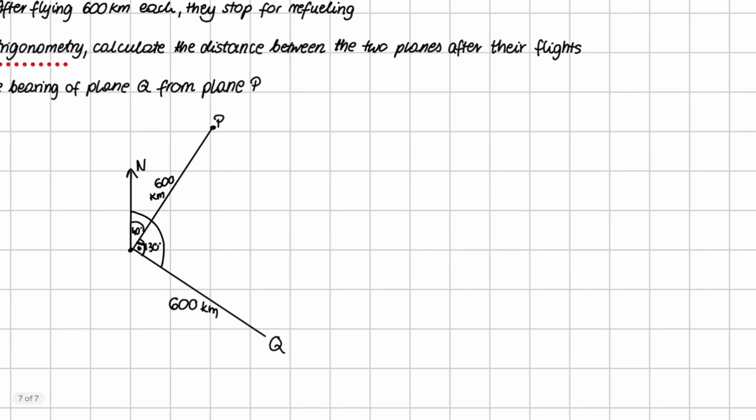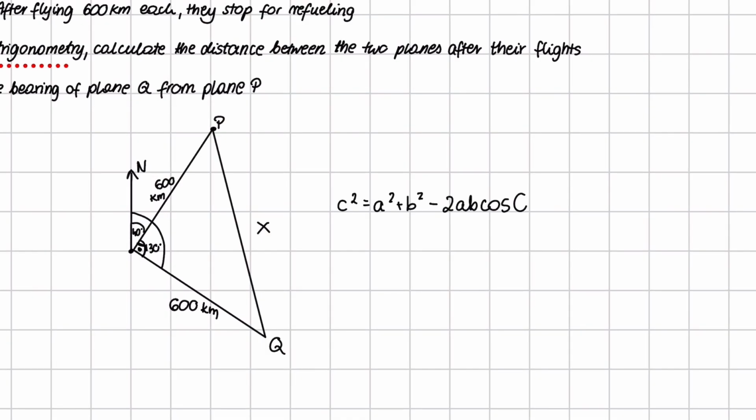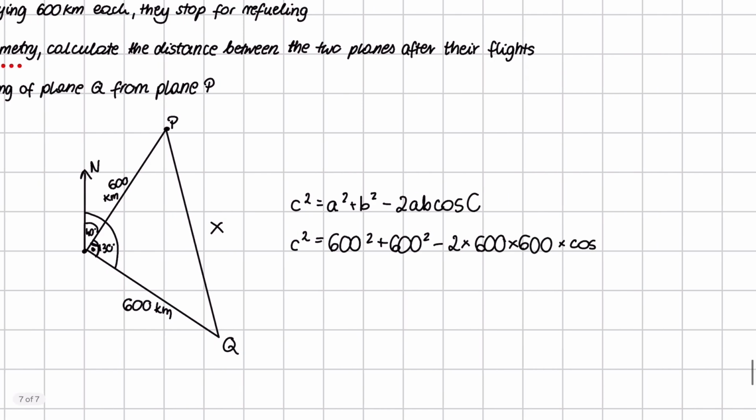So basically this distance. So of course we can use the cosine rule that looks like this. We have to substitute our values. So we have c squared equals 600 squared plus 600 squared minus 2 times 600 times 600 times cosine of the angle between them.